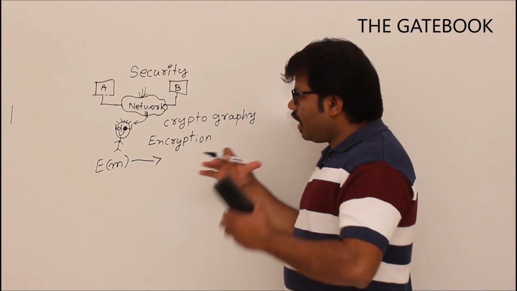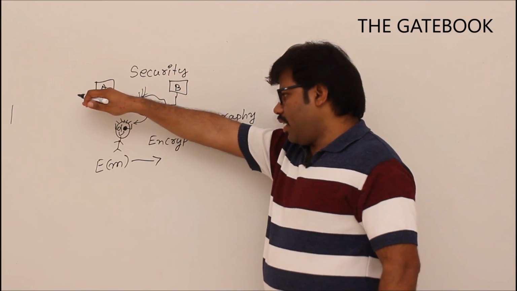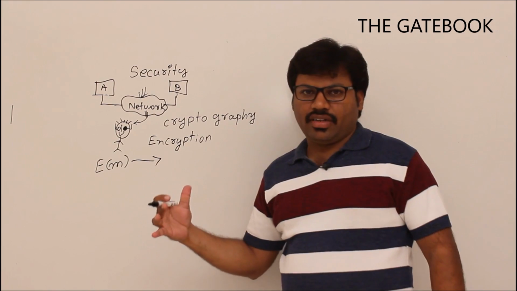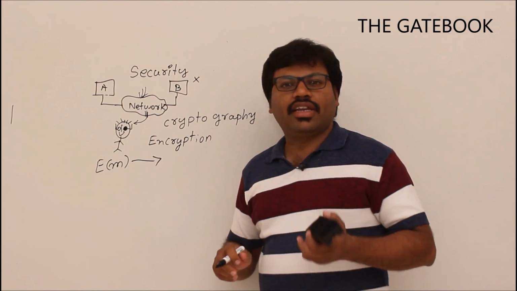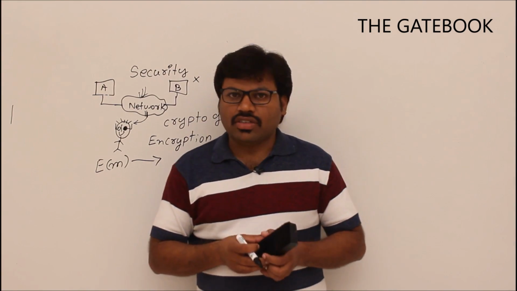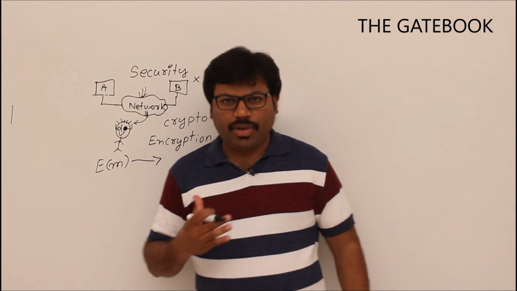We have to design the protocol in such a way that A can encrypt, B can decrypt, but the thief cannot decrypt it. Only B can decrypt it. We have to plan it that way. That's the trick of cryptographic algorithms, which we will study extensively. Fine. So these are various ideas we are going to discuss in computer networks. We will see them one by one.